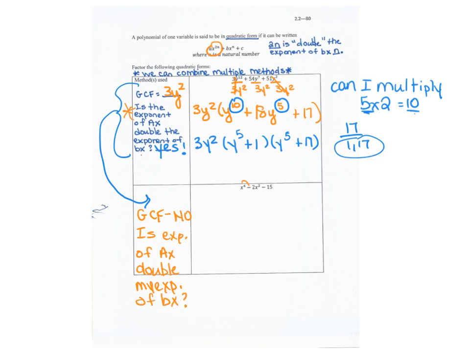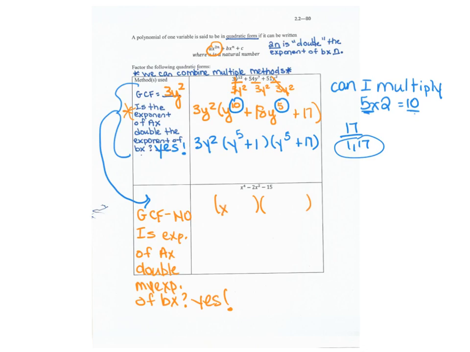Well, is 4 double of 2, these two exponents? Yes. So that means it's really a polynomial in quadratic form. I just don't have the AX squared. So that means it can be factored into two binomials.